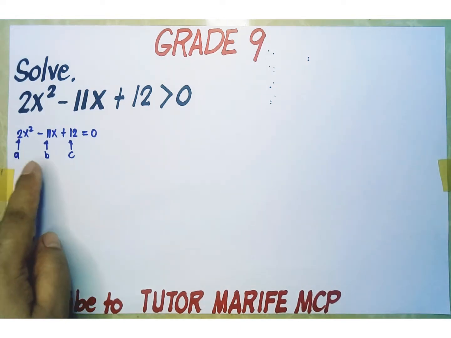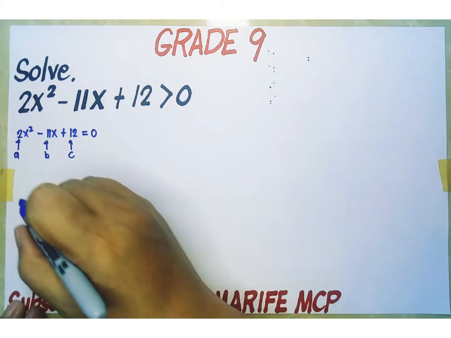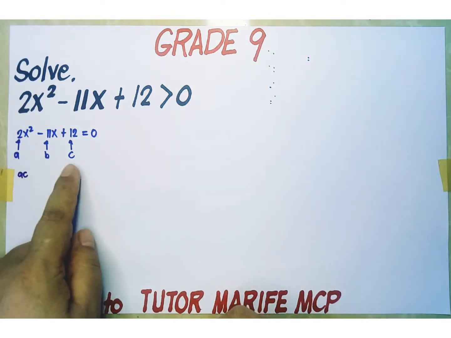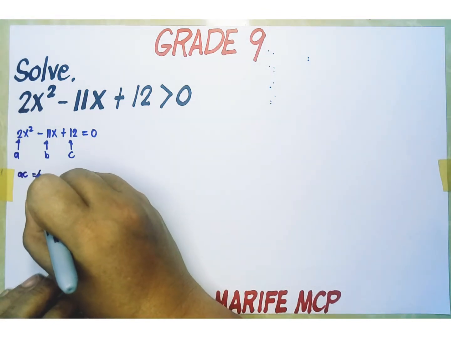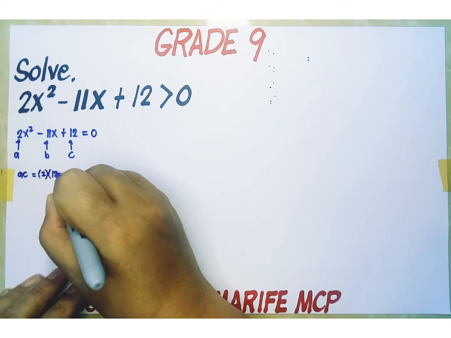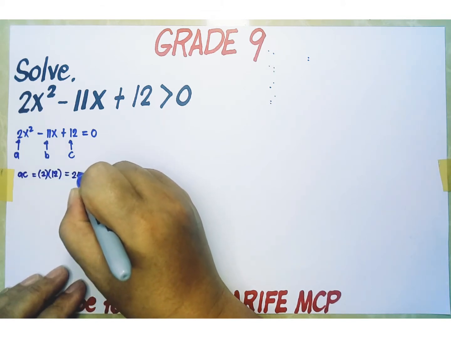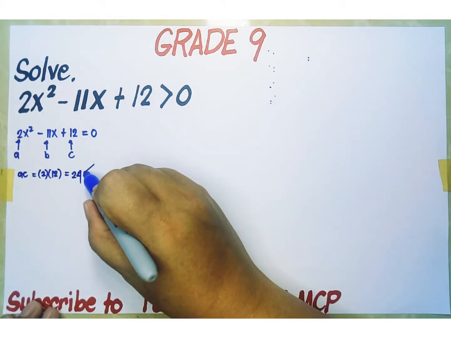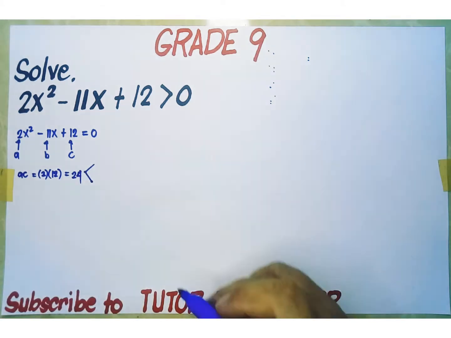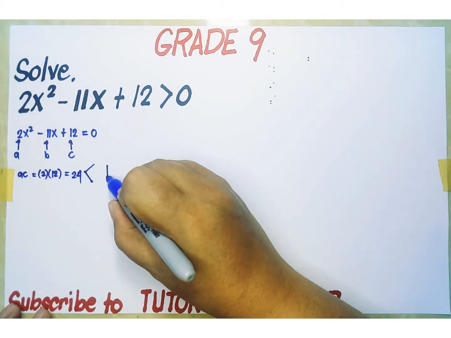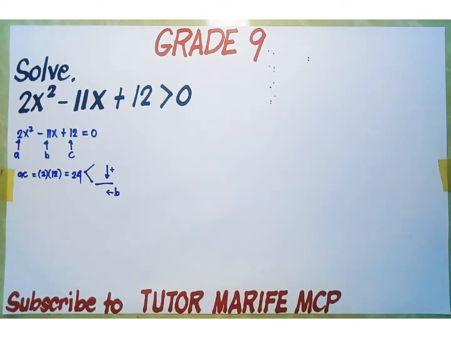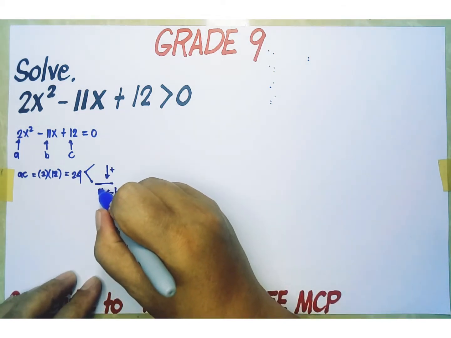So, our A is 2, our C is 12. Our AC, or the product of A and C, is 2 times 12, and it's equal to 24. Think of factors of positive 24 that when added, the result is equal to your B. Your B is negative 11.